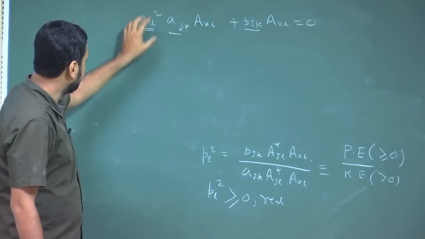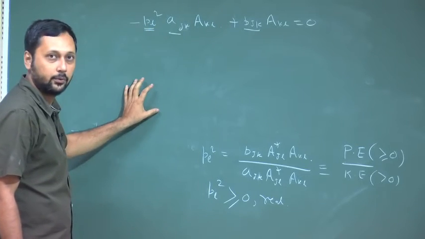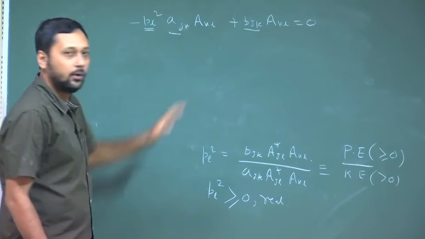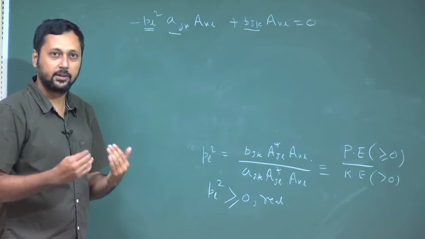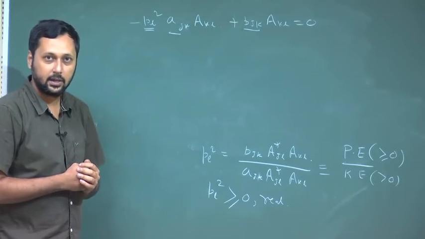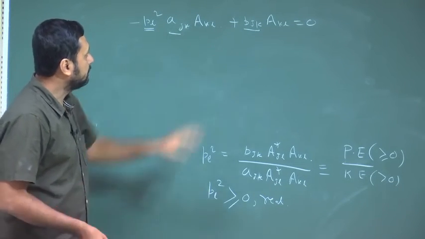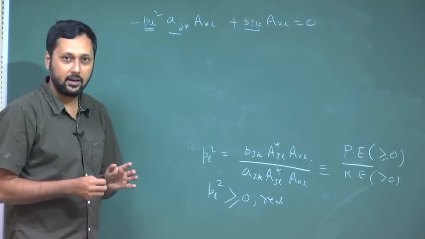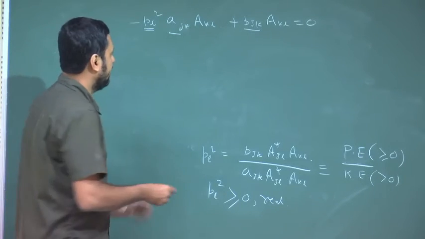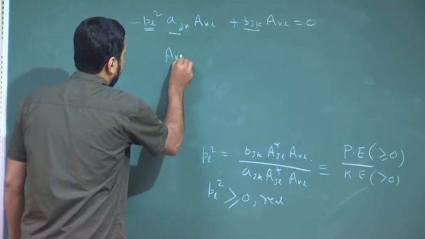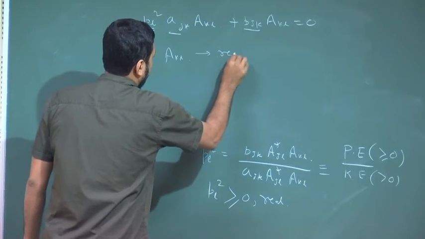So, if there are n such eigenvalues, we will have n such equations, and Akl will come out as a solution of the simultaneous equations. Now, if all the quantities of this participating equation are real, we can safely state that Akl are also real.